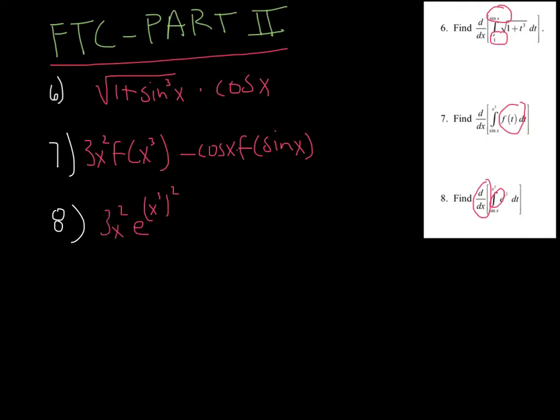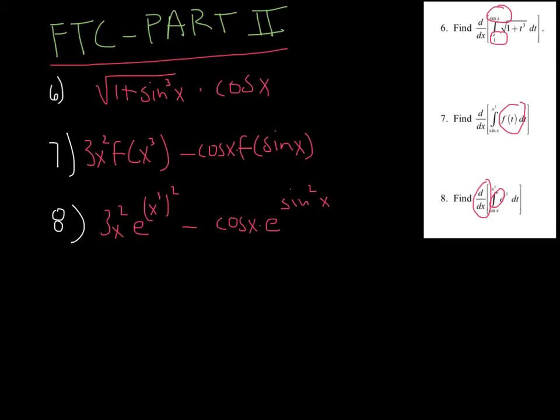All right, minus, and now we're plugging in our lower limit, so that's going to be e to the sine of x squared. So we write that as sine squared x. And then we take the derivative of the lower limit, sine of x, which is cosine of x. And we'll clean this up a little bit.